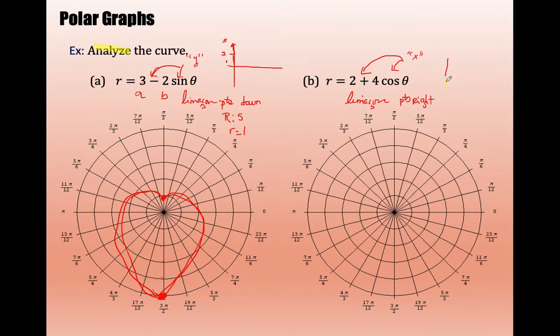Now again, what kind of limaçon? I think I have a sinusoidal axis at 2, but with a dilation factor of 4, I'm going to pop up to a 6 and down to a -2. So I definitely hit the x-axis, and I don't just kiss it, I cross it. Therefore, this is a loopy limaçon.